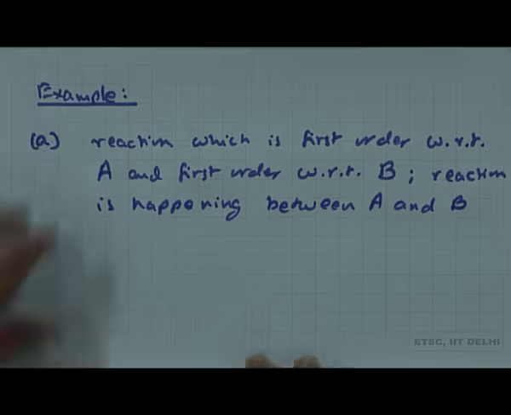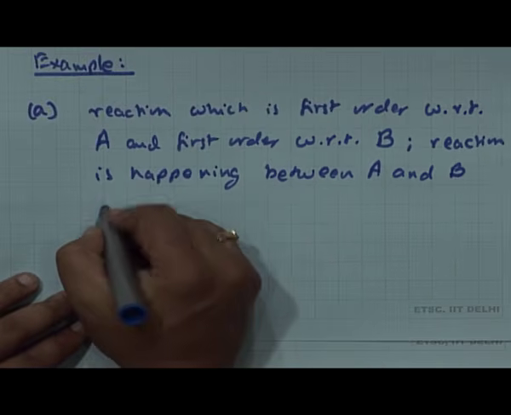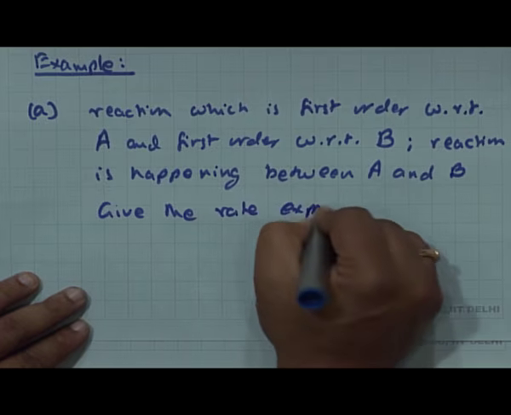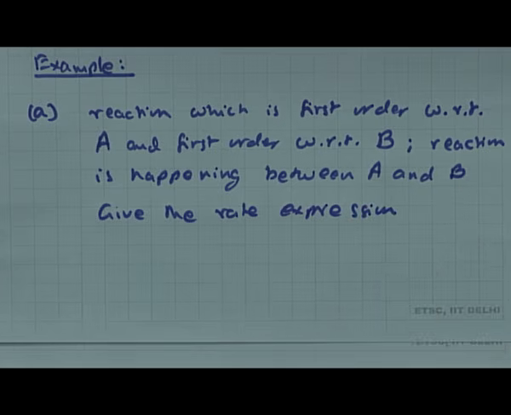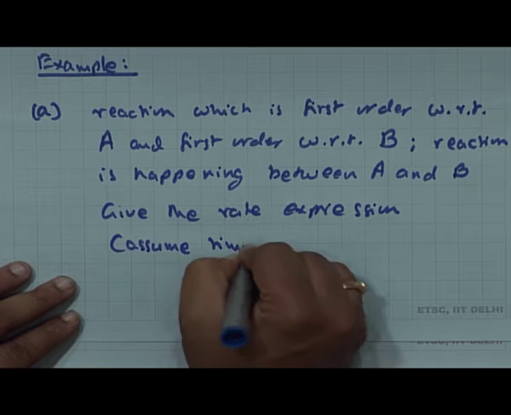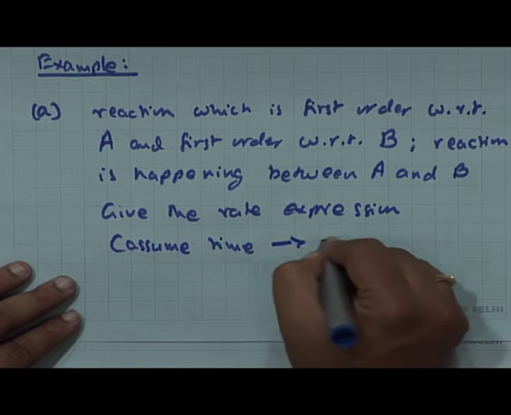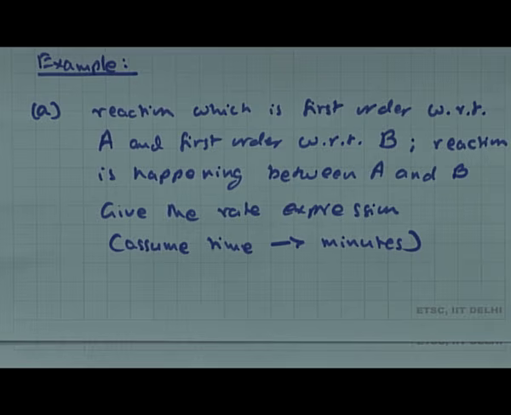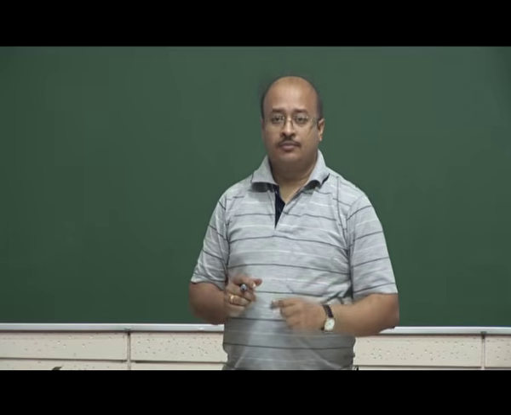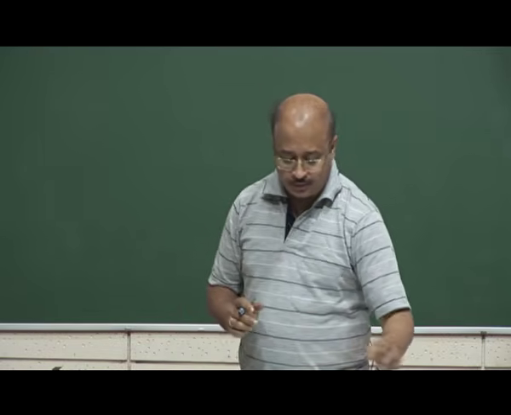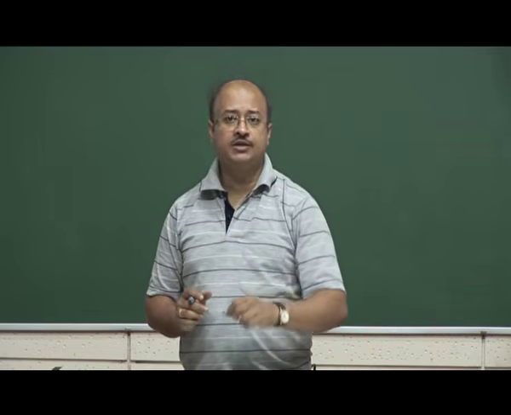So, now what you are being asked is, give the rate expression for this, and you can assume time to be expressed in minutes. Okay. So, you have said that there is a reaction between A and B, first order with respect to A, first order with respect to B, and the unit of time is minutes. Okay. So, this will be the last thing I am going to discuss in this class today.